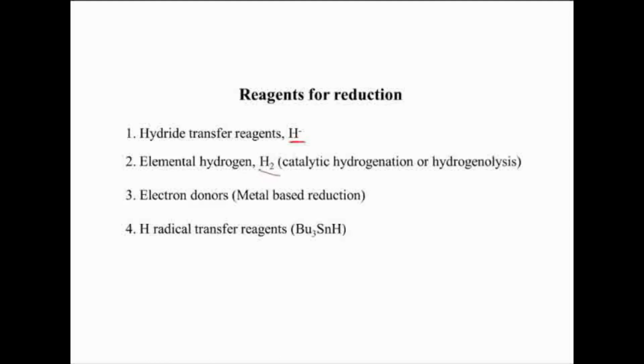And then electron donors, that is dissolved metals, can also donate electrons and act as reducing agents. So there are four types of reducing agents. The first category transfers hydride ions, the second category uses hydrogen, the third category is electron donors, and the fourth category is hydrogen radical transfer reagents.